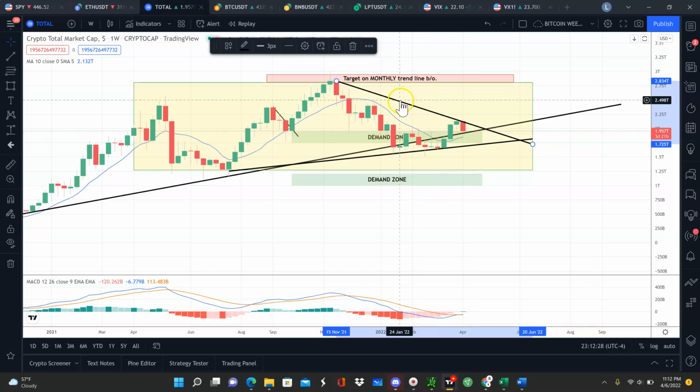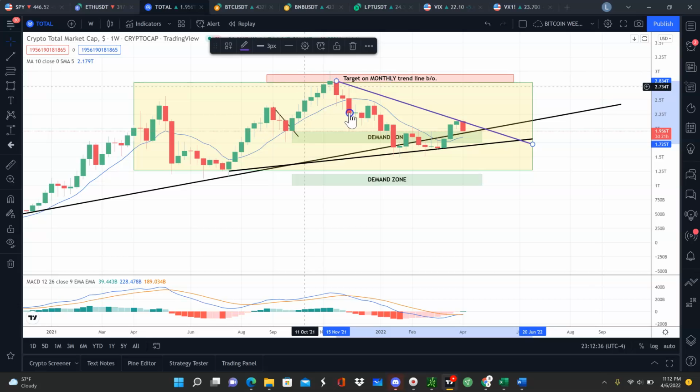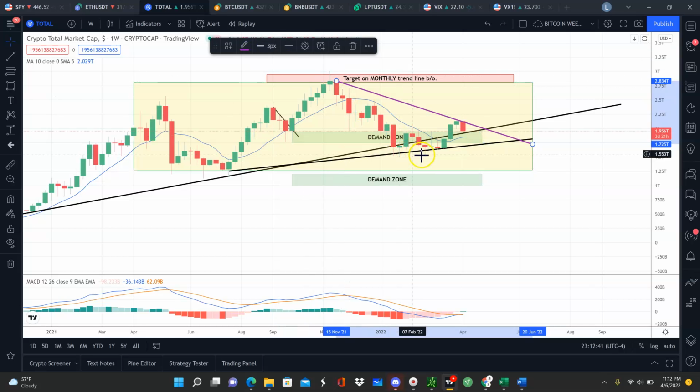So I'm going to make this a different color so that I'm able to distinguish between the different trend lines and keep everything in the proper context. All right, so purple is my weekly area that I'm looking at, and of course, the triangle represents the overall range.